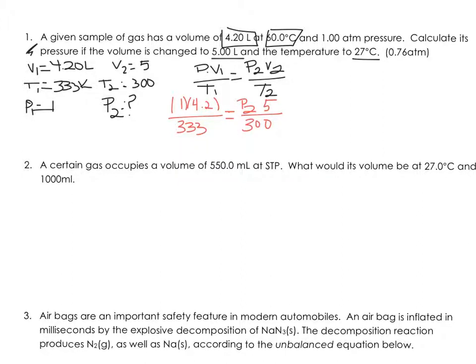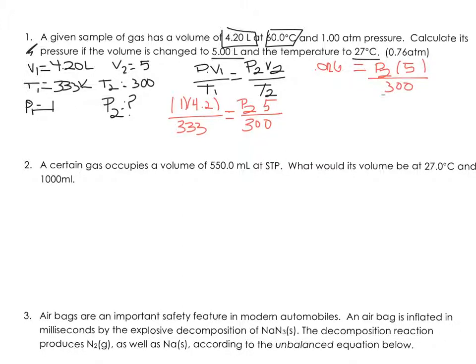All right, so the way I'm going to solve this is by simplifying the left side first. So I'm going to plug in 1 times 4.2, and then divide by 333. Okay, and I'm going to get 0.0126, and that's going to be equal to P2 times 5 divided by 300.